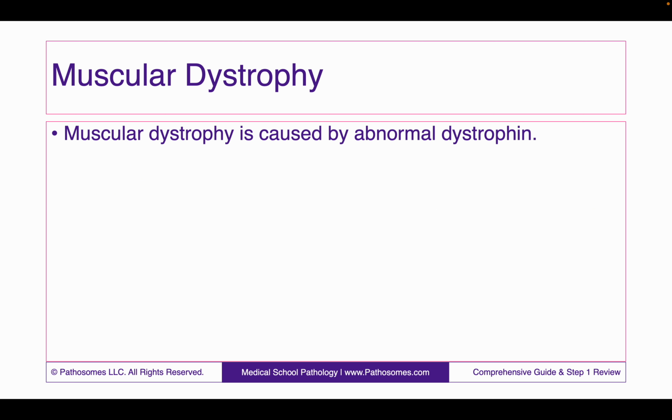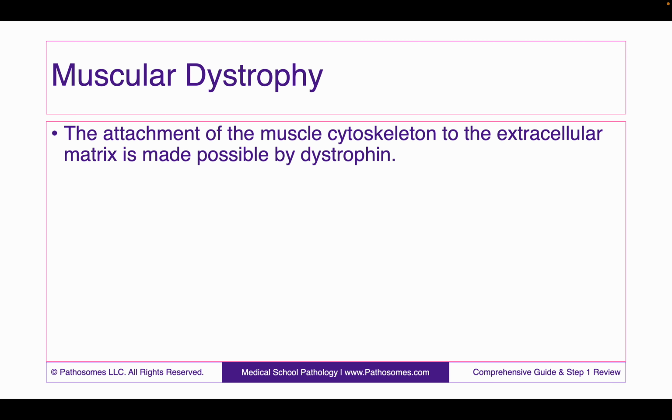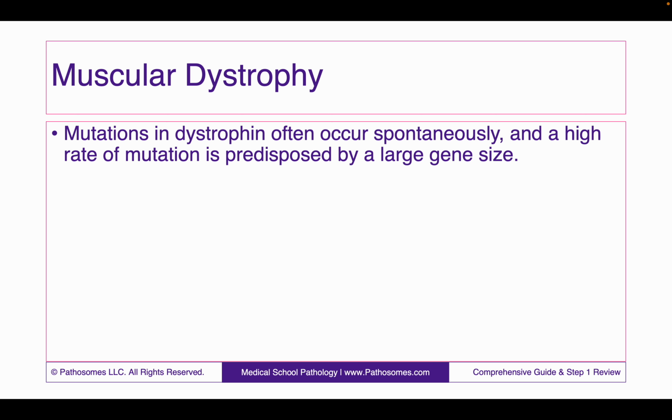Muscular dystrophy is caused by abnormal dystrophin. The attachment of the muscle cytoskeleton to the extracellular matrix is made possible by dystrophin. Mutations in dystrophin often occur spontaneously, and a high rate of mutation is predisposed by a large gene size.